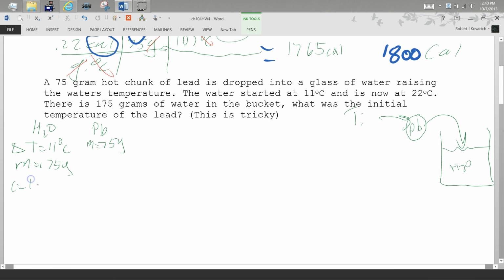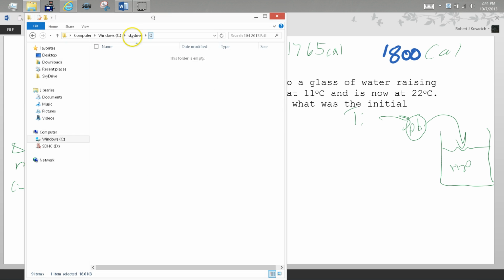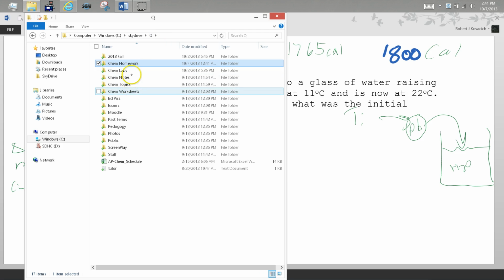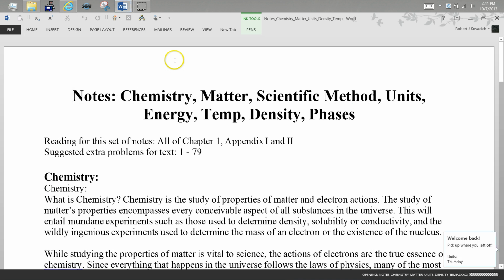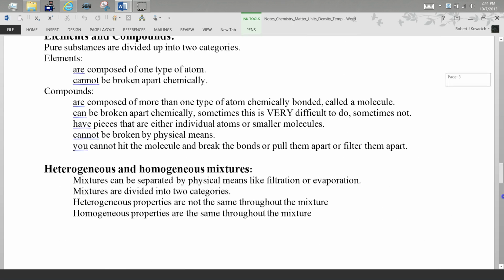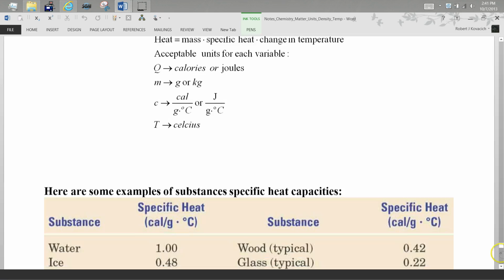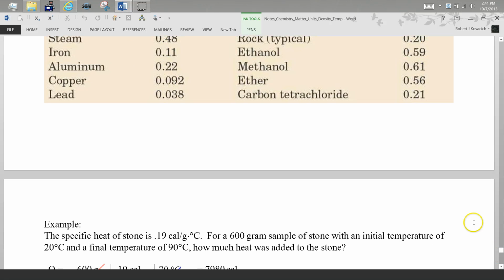It's 1 calorie per gram degree C. And the specific heat for the lead, what is it? Somebody have that? 0.038. Perfect.